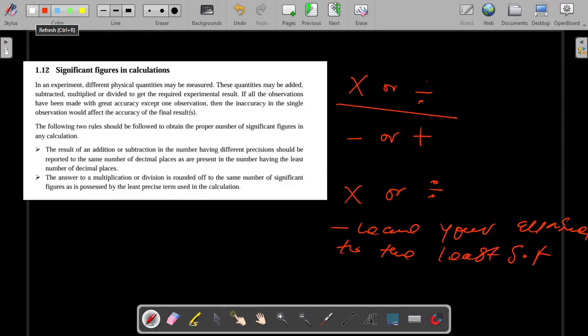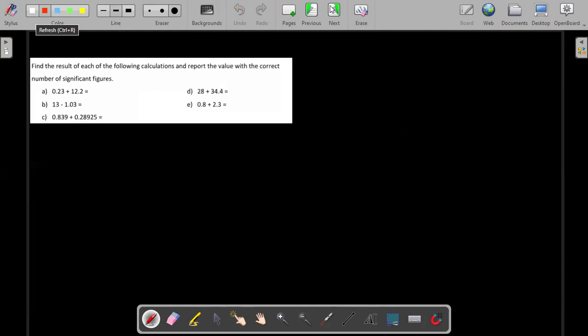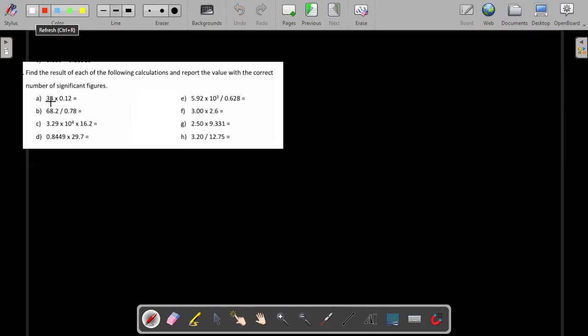So let me have an example here. Let's say I have these 2 numbers. I'm multiplying these 2 numbers. 34 times 0.12. Someone give me the final answer there. Just use your calculator. You multiply these 2 numbers.